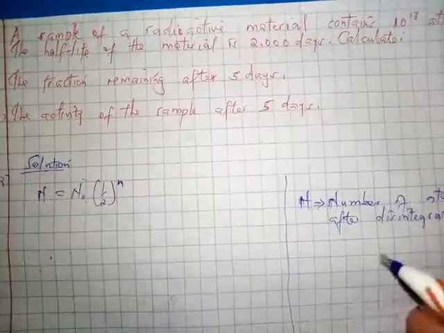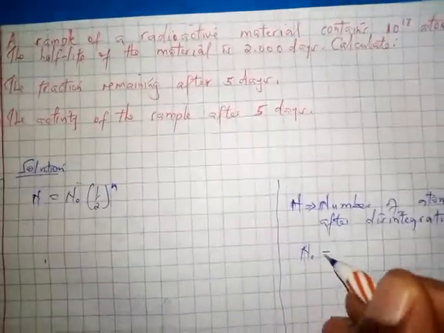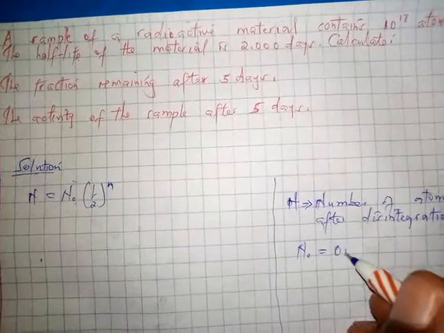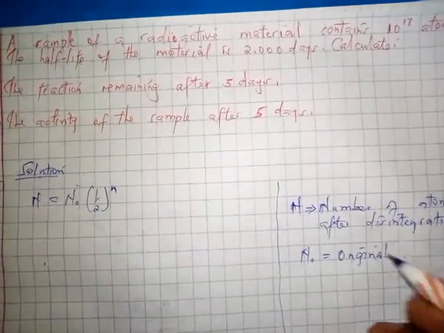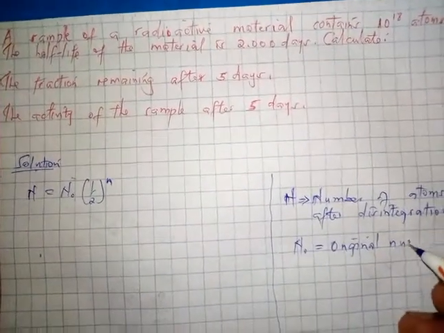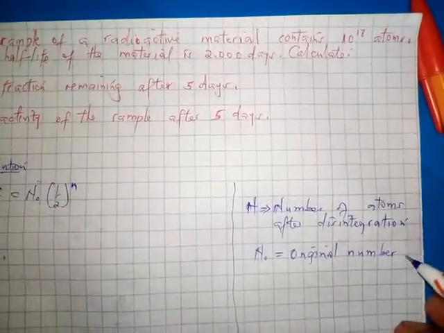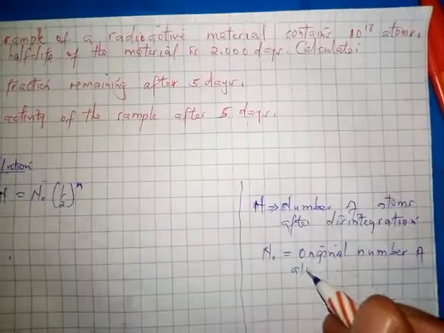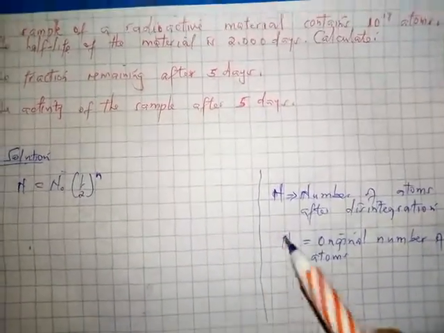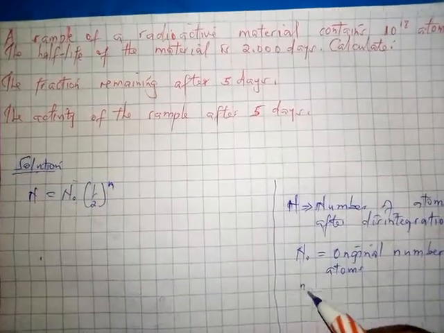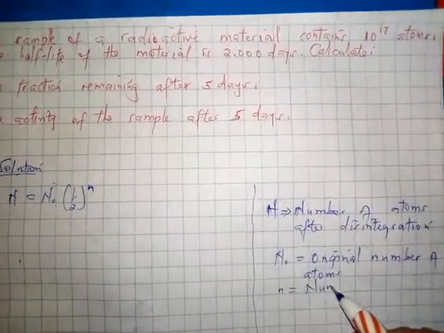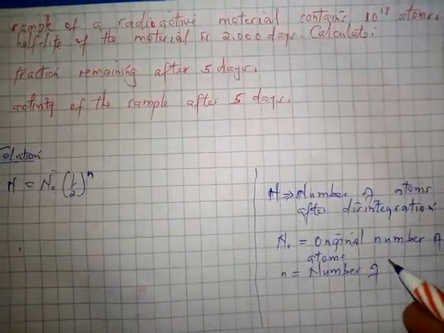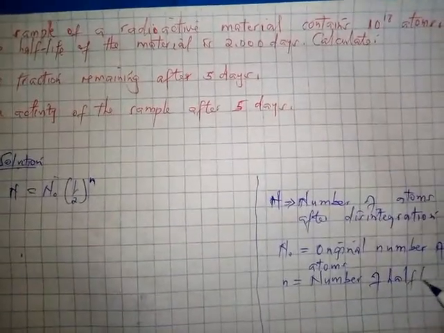Then N naught is the original number of atoms, and this small n is the number of half-lives.